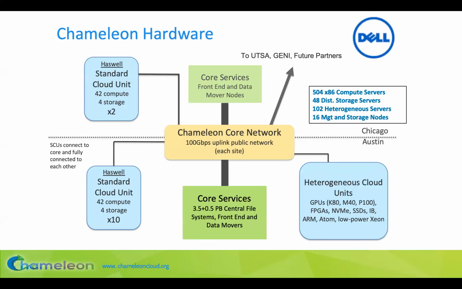Chameleon started with the Haswell CPUs and some GPUs, FPGAs, and other devices connected to a 100 gigabit uplink in two different locations: at the Texas Advanced Computing Center in Austin and the Computation Institute at the University of Chicago.